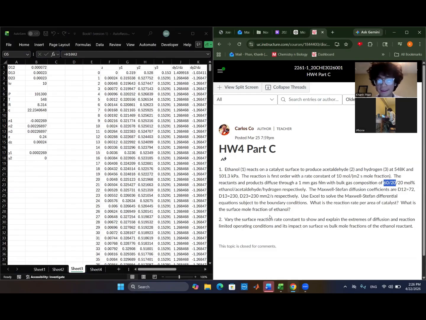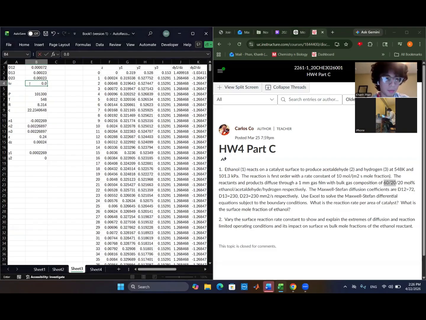Okay. And then vary the surface reaction rate constant to show and explain the exchange of diffusion and reaction limited operating conditions and its impact on surface versus bulk mole fractions of the ethanol reactant. So I'm going to give you an example of the limited operating condition. We see that a lot of manufacturers and companies, if they don't invest in a good machine that has a good reaction rate, then I can show you an example.